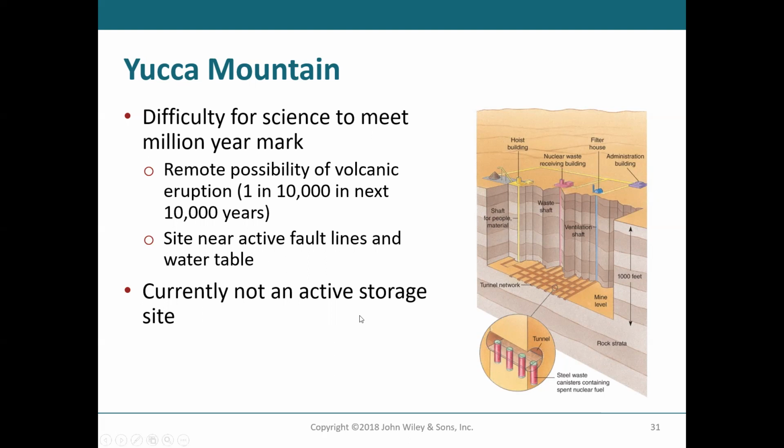But it's still not been approved by the government because of the fear by surrounding states and politicians about the fallout if the nuclear waste was to get exposed to the environment. So we haven't seen very much progress on that.